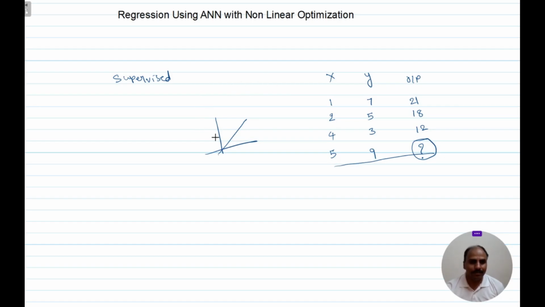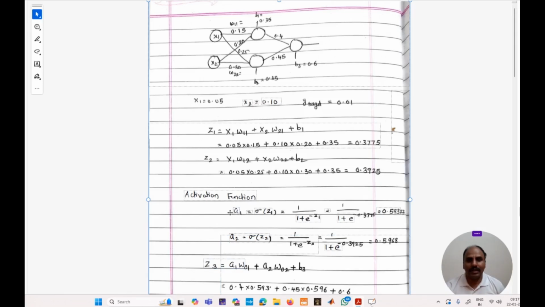The problem I have already derived. Here I have taken two neurons in one hidden layer, and one output. The following weights I have given: W11 equal to 0.15, W21 equal to 0.20, W12 is 0.25 and W22 is 0.30.